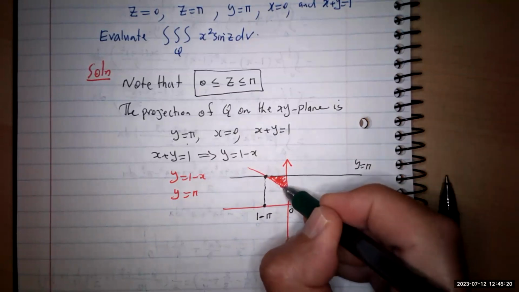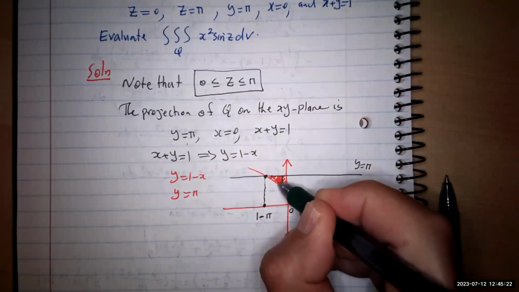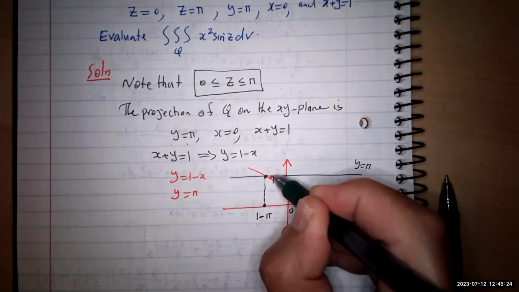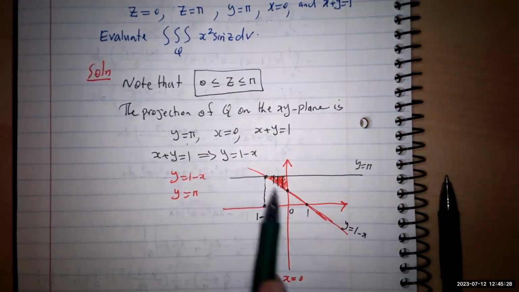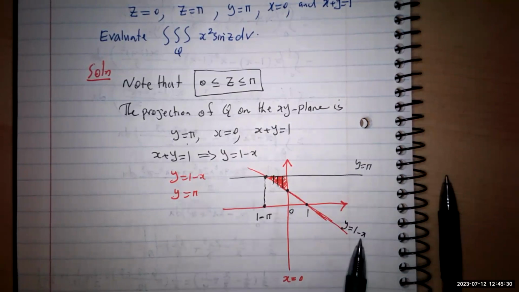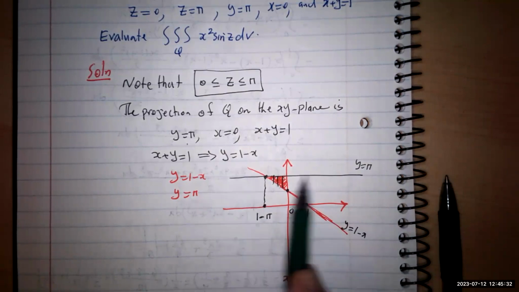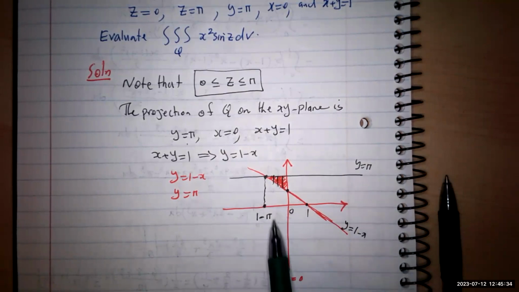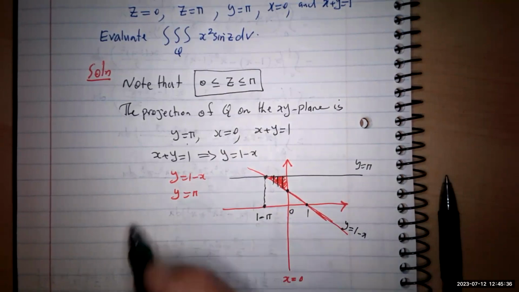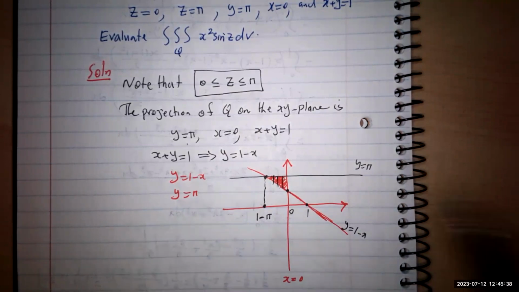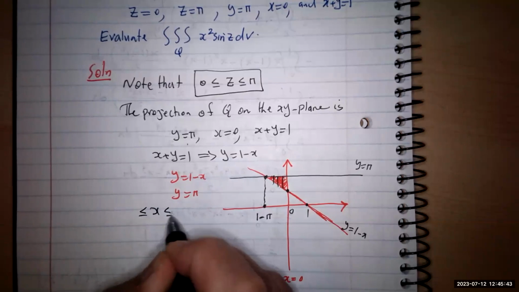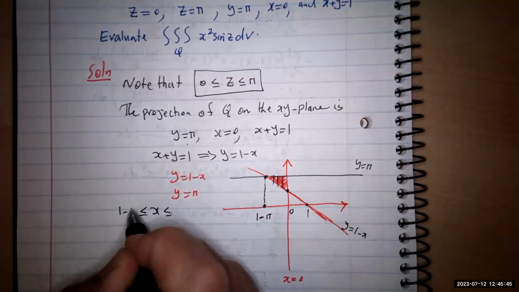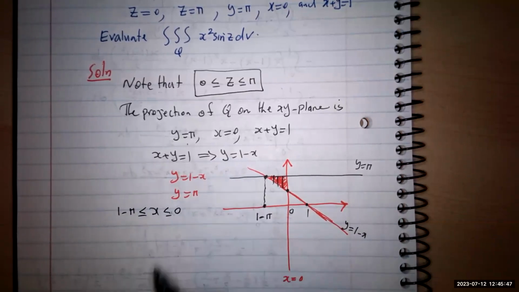See, up and down. So up and down is exactly what you have over here. The down is y is 1 minus x, and the up is going to be pi. So the conclusion is, for the limit of integration, your x is going to be between 1 minus pi and 0.